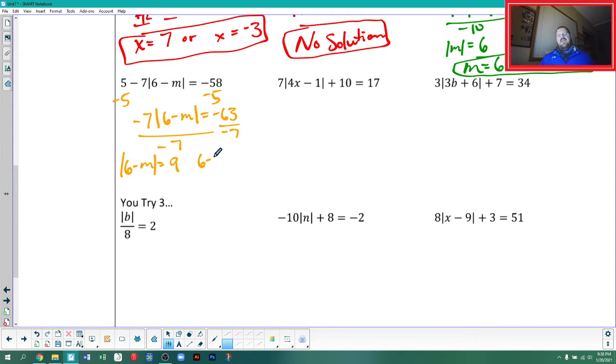I get 6 minus m equals 9, or 6 minus m equals negative 9. Kind of flowing over into my other problem there. Okay, I can subtract 6 on both sides.